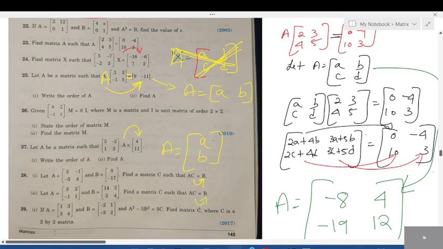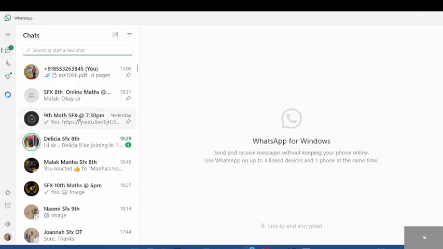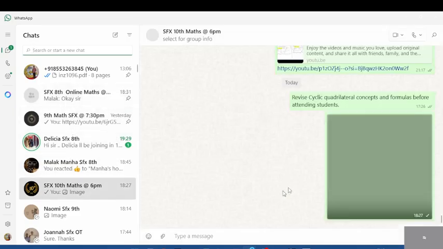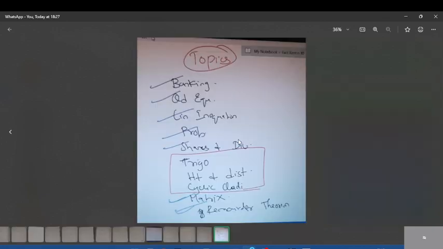Okay, so I'll tell you the chapters. I've sent this in the group. I'll give banking, quadratic, probability, shares and dividend, matrices, remainder theorem.